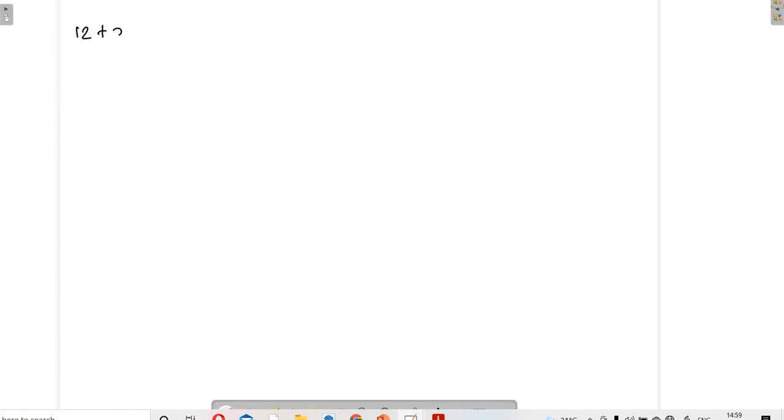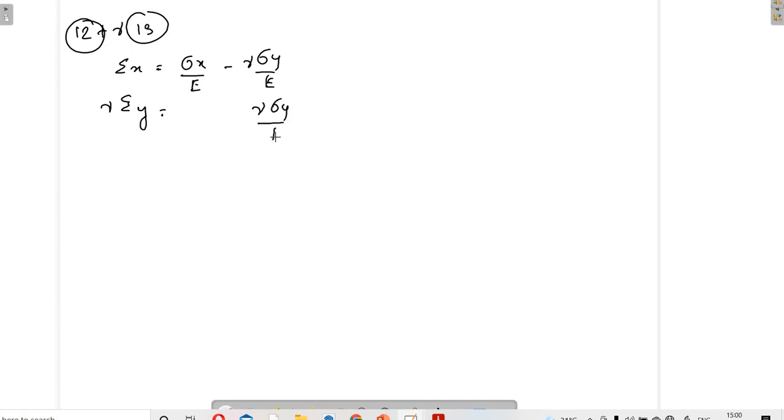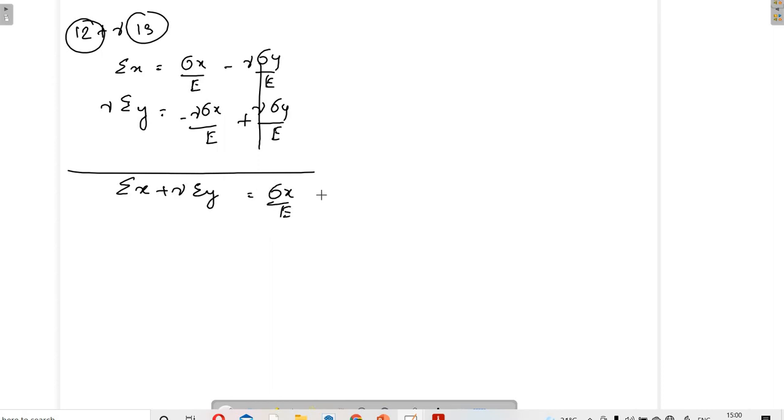I am going to add equation 12 plus nu times 13. So epsilon x is equal to sigma x by E minus nu sigma y by E. Nu into epsilon y is equal to, here I am putting sigma y by E first, this positive quantity, and minus nu square into sigma x by E. So I get epsilon x plus nu into epsilon y, which is equal to sigma x by E, if you take it outside, and if you multiply nu with this equation, it is minus nu square.